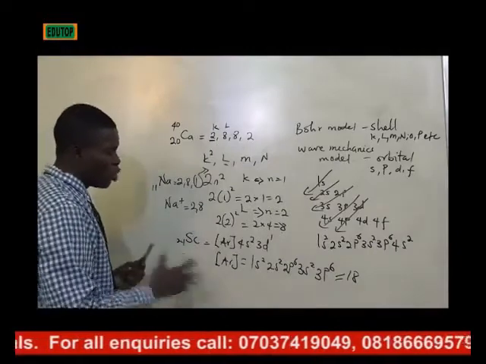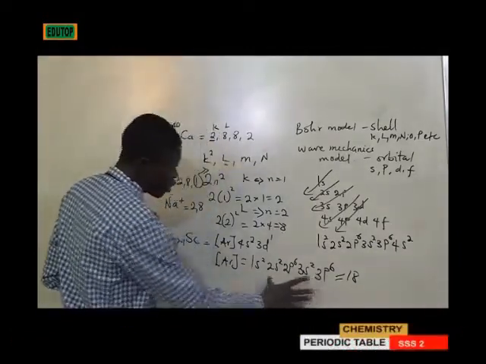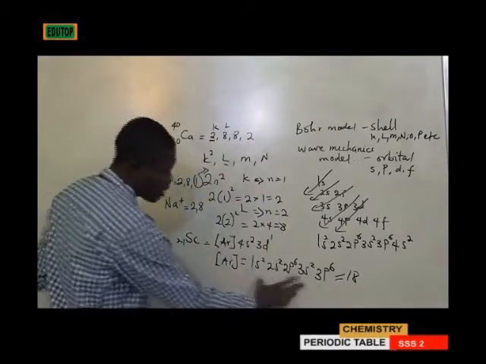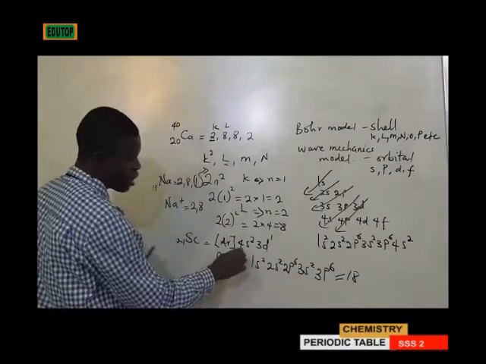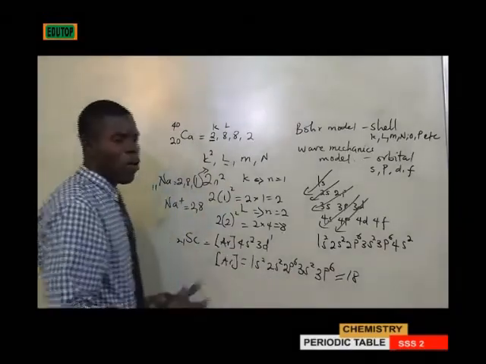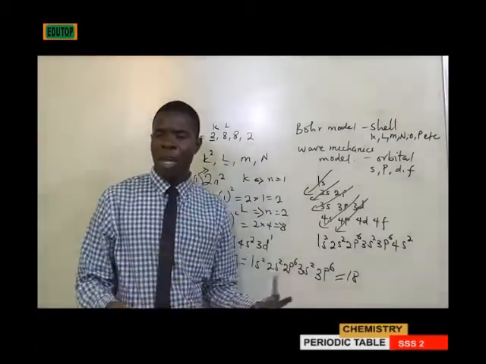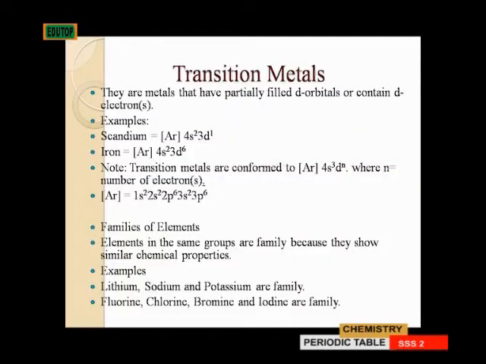So instead of going through the rigor of writing this argon electron configuration, we can just shorten it as argon core. Instead of writing this together with this, I can now write the whole of this as argon, then 4s2 3d1. So this is the first member of the transition elements. We have so many of them too. We have iron, which is demonstrated on the slide, and so many others.